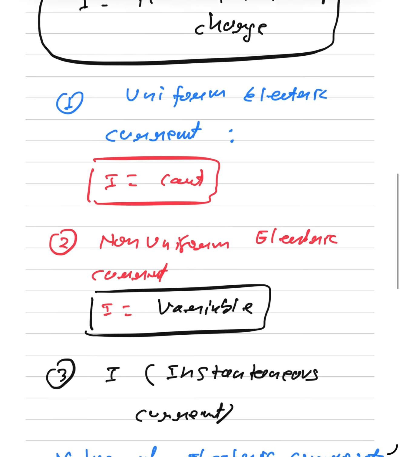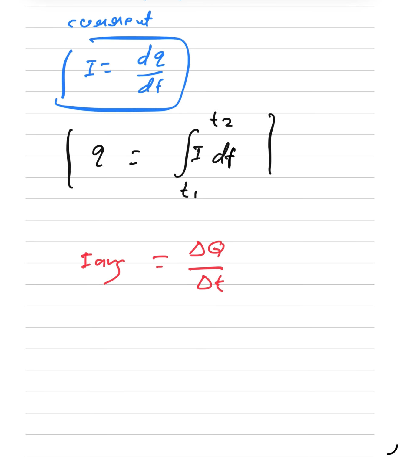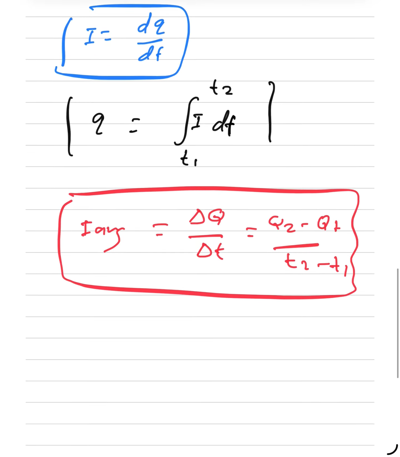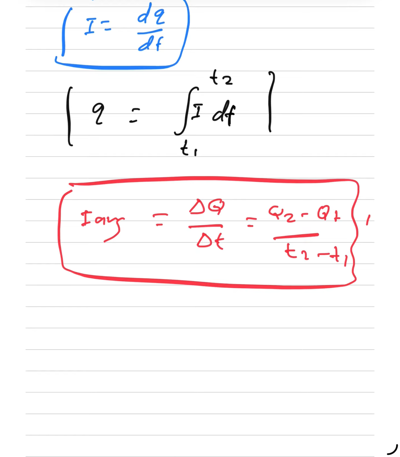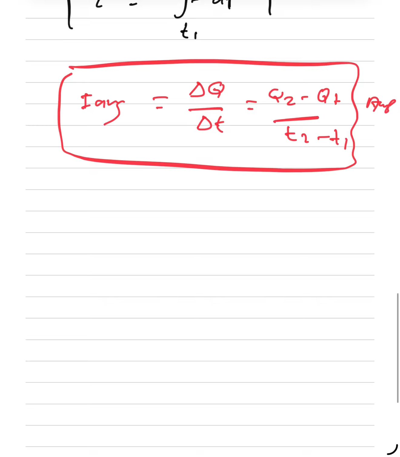And the average value of electric current, I average, equals total flow of charge divided by total time taken, delta Q divided by delta T, which is Q2 minus Q1 divided by T2 minus T1, in ampere or coulomb per second. Ampere is the SI unit of electric current.